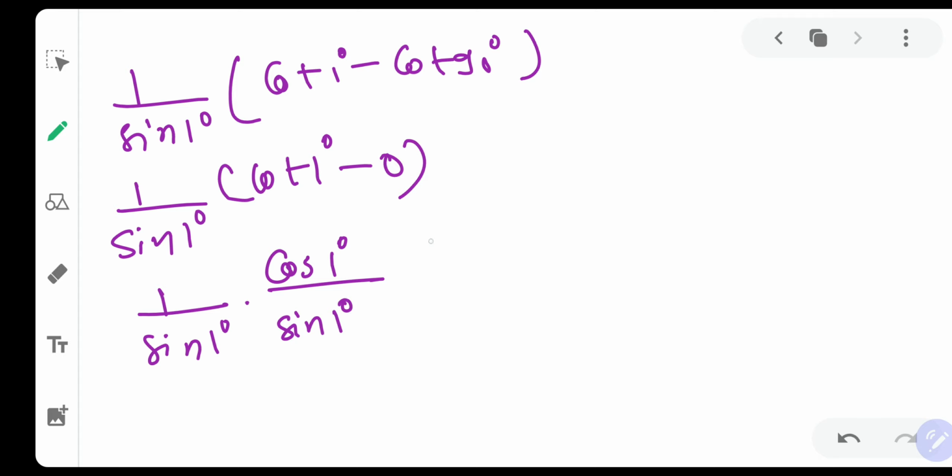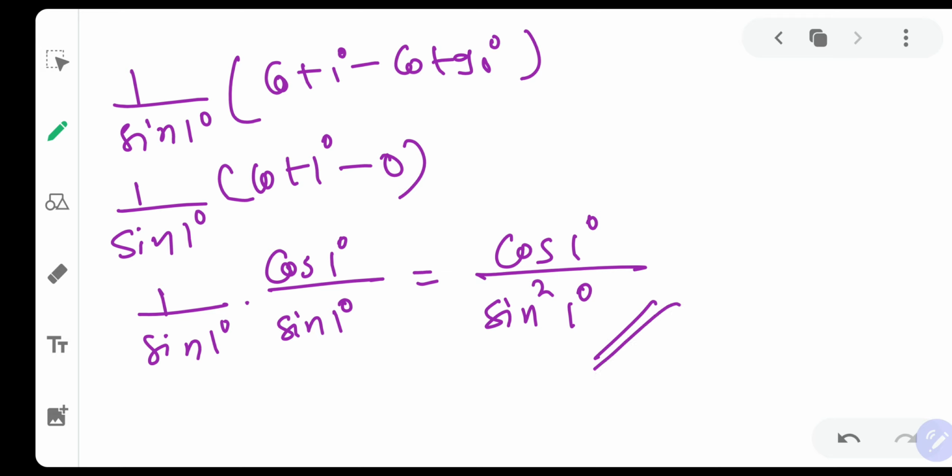Nothing is getting cancelled, so we can write this as cos 1 degree upon sine square 1 degree. This is the correct answer for this question, as nothing further can be done with this.